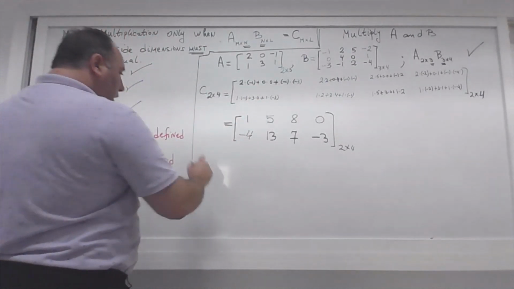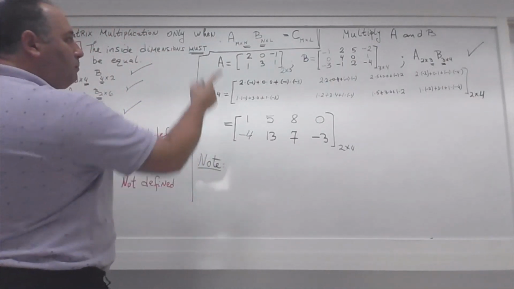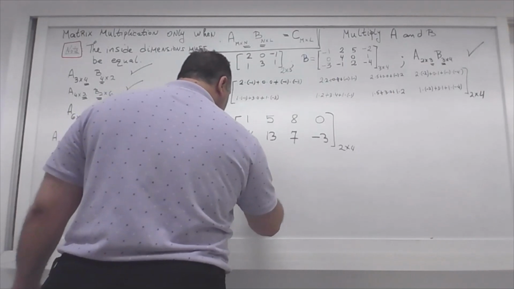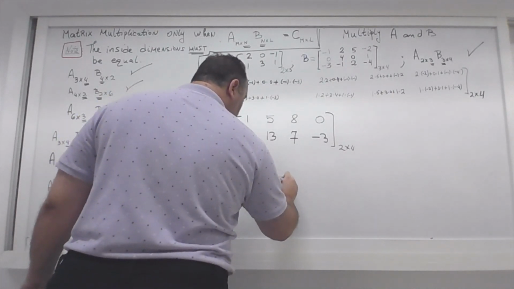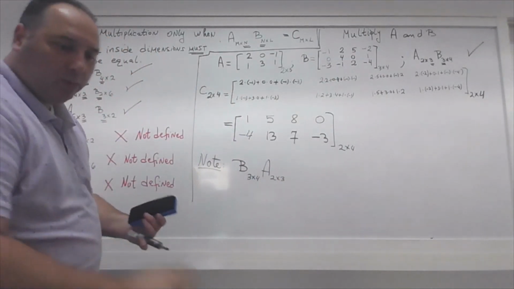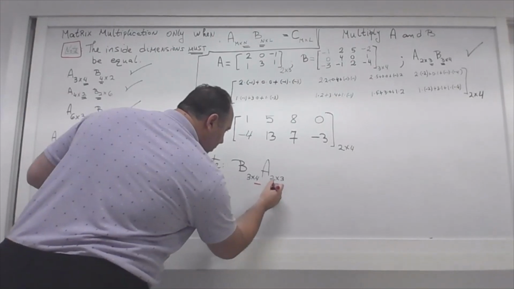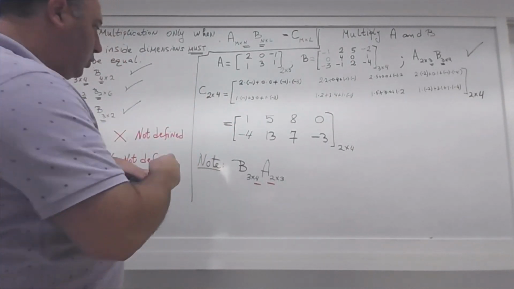By the way, we see that B times A is not defined. B is 3 by 4 and A is 2 by 3. So we see that we have a problem. They are different, so this doesn't work.